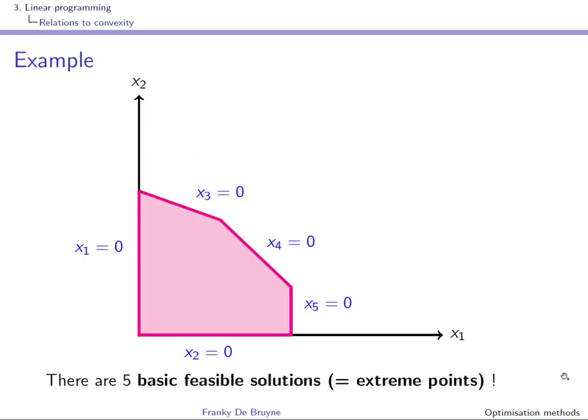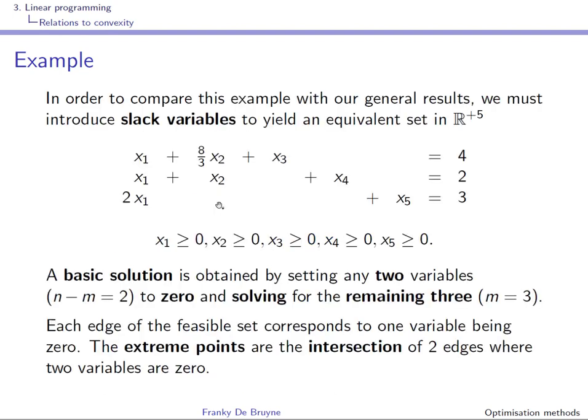So what you see over here is this feasible set that is in R5 plus, that is projected on the plane x1, x2, and what you see over here is, as before, x1 is equal to 0 and x2 is equal to 0, and notice that x3 equal to 0 corresponds to x1 plus 8/3 of x2 equal to 4, right?